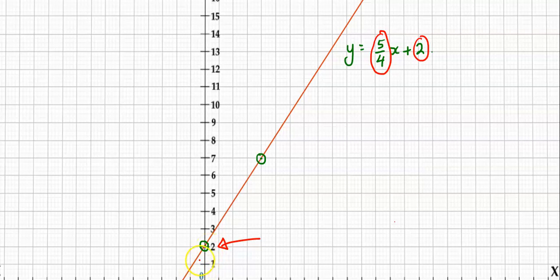In this case it is positive 5, so we're going to move 5 units upwards, and then the denominator, which is 4, tells us how many units we're going to move across. Again, it is positive, so we're going to move 4 units across to the right. So that's how we get to this point here. Then our last step is to draw a line straight through the 2 points, and that will give us our graph of y is equal to 5 over 4x plus 2.